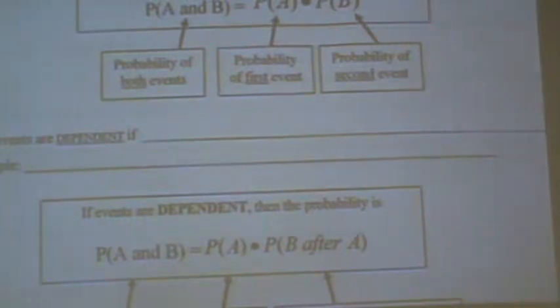So to find the probability of event A and event B when they're independent, we're going to take the probability of event A and we're going to multiply it by the probability of event B. So that goes back to finding the individual probabilities that we did in 11.2.